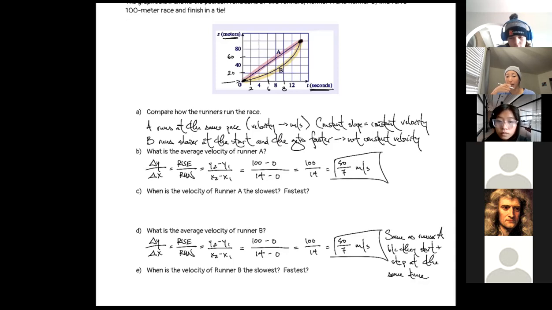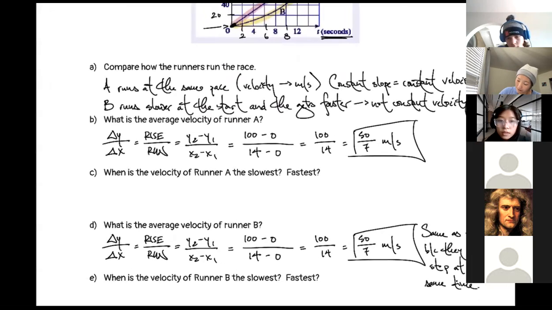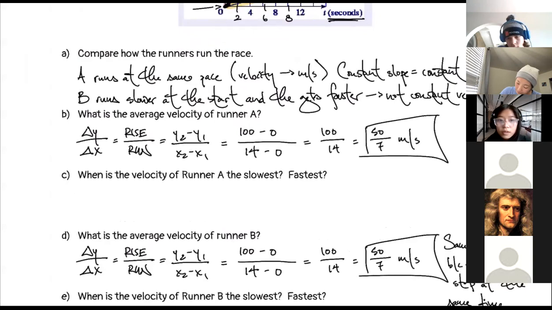All right. So then let's take a look at the velocity when it's the slowest and when it's the fastest. What do we think about part C versus part E? For runner A, because it's a constant velocity, there's really no fastest point.